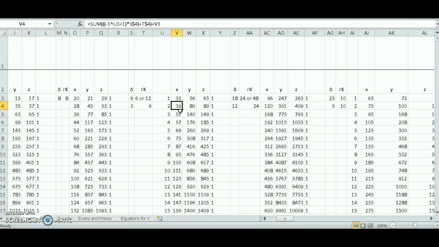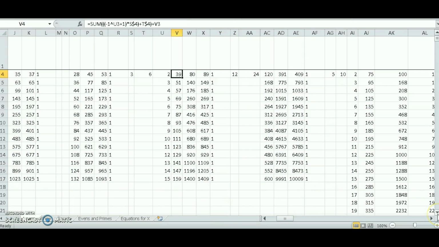Then multiplying that times S4, which is my first coefficient here, so 3. For 9, you multiply that times 3, and then add my next coefficient, which is 6, and then you just add that to the value of n minus 1, which is 33, and you come up with 39.